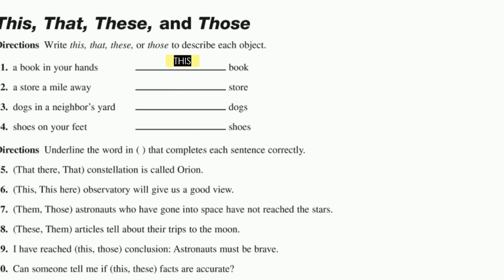A store a mile away. That. Dogs in a neighbor's yard. Those. Shoes on your feet. These. Underline the word in that complete sentence correctly. So we have here, this here, the answer is this.